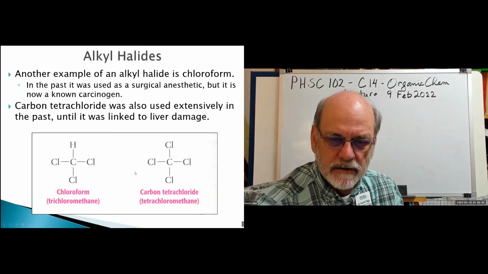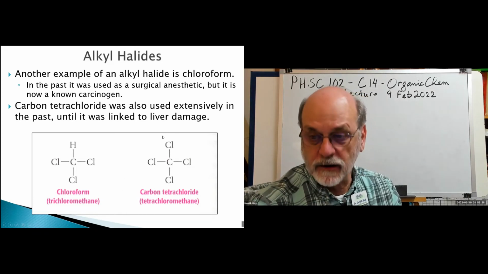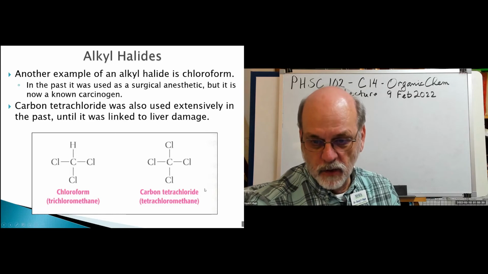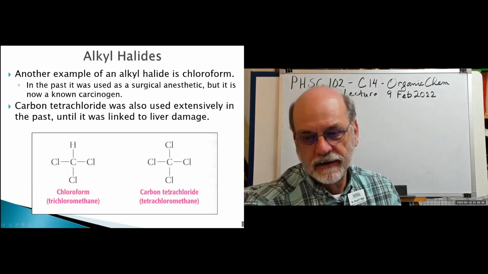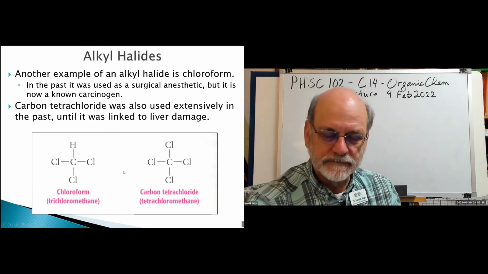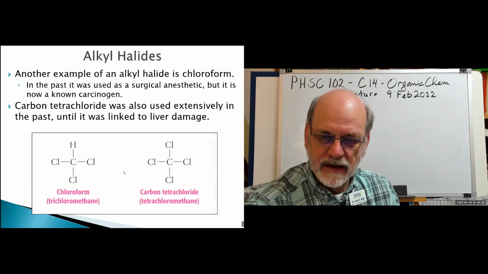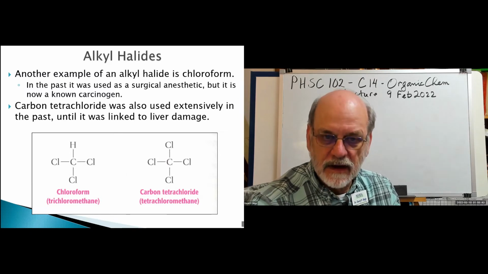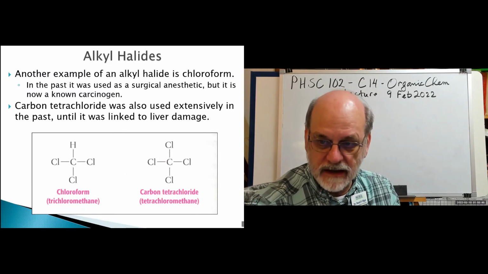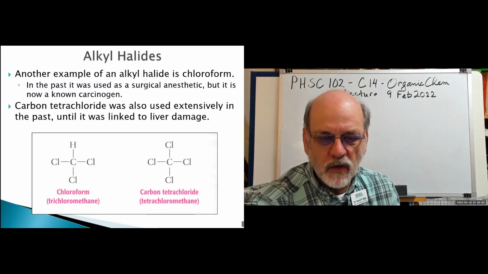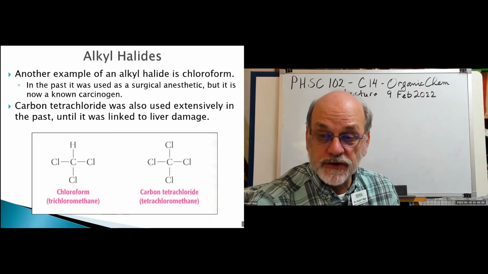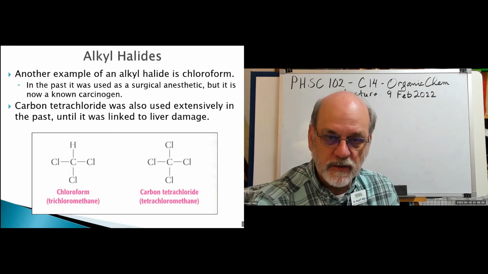But the handlers of these compounds were coming down with some odd types of cancers and liver damage. So OSHA, Occupational Safety and Health Administration, and the EPA got together, and they decided that, nah, these are going to be strictly controlled. So you can only get these for laboratory experiments, or on an industrial scale, you have to have a bona fide need to use them in your manufacturing process before you can get them.